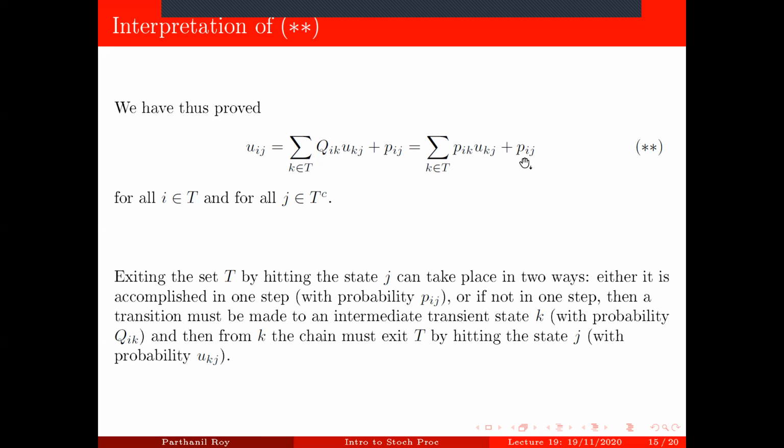Whether exiting happens in the first step, which is this probability, or it happens in more than one step, which is this probability. Okay, so this completes our discussion on absorption probabilities.